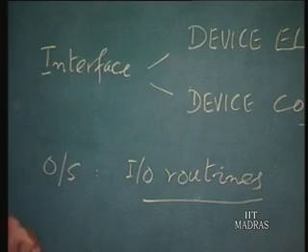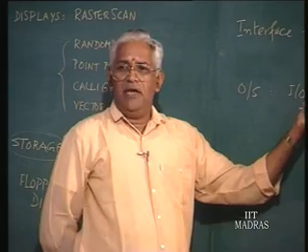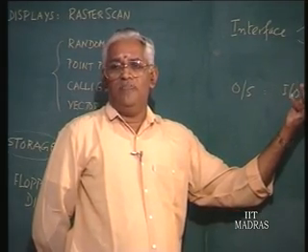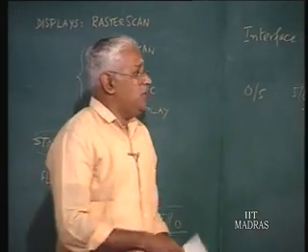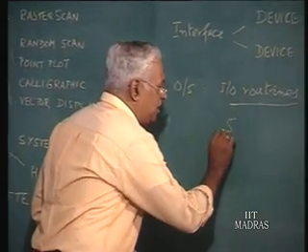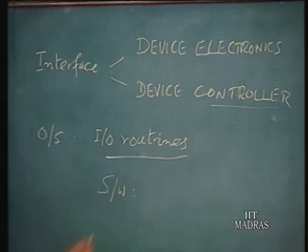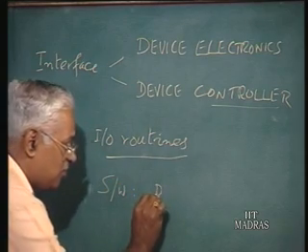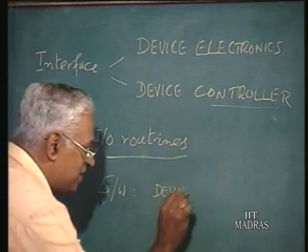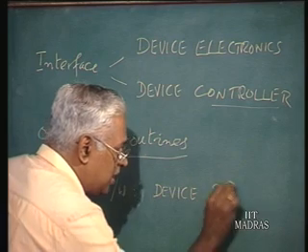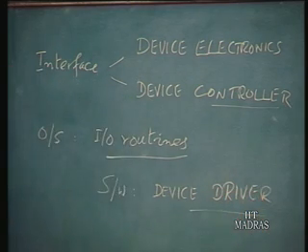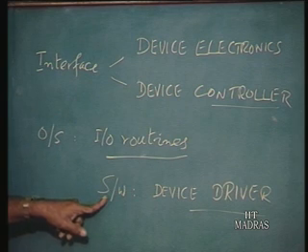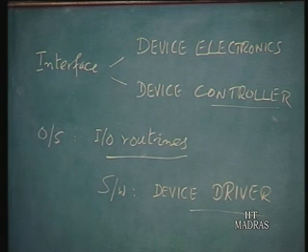Given a particular device, the routine will be there and any user can make use of it. As part of that IO routine, you would also find the software aspect. Generally, that particular thing is called a device driver, which essentially is the software associated.